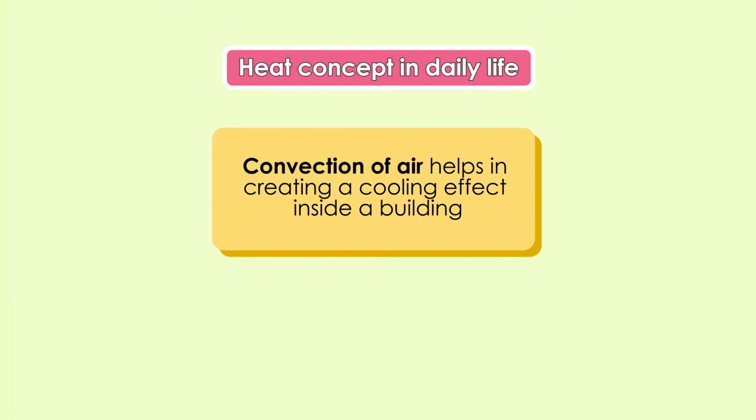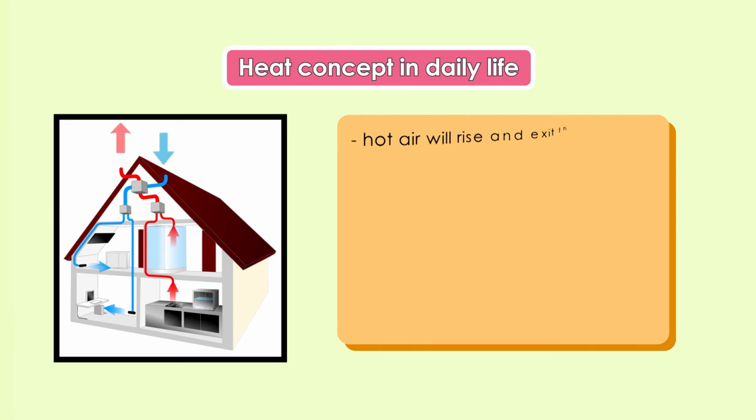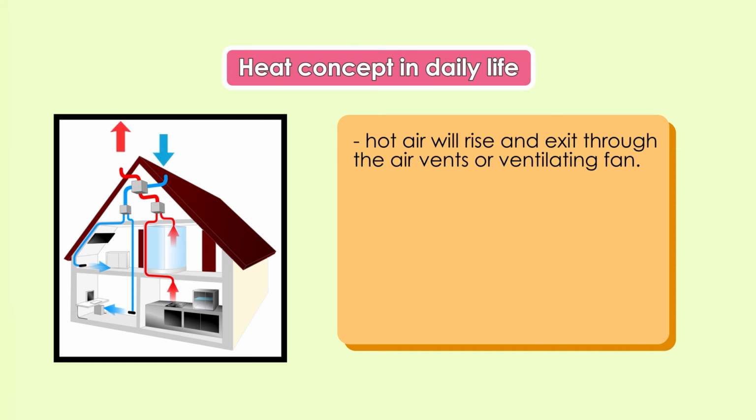Heat concept in our daily life. Boys and girls, convection of air helps in creating a cooling effect inside a building. When this happens, hot air will rise and exit through the air vents near the roof or ceiling or through a ventilating fan.